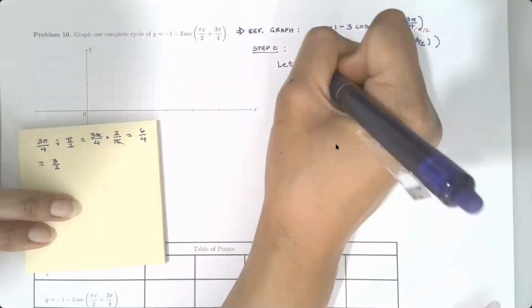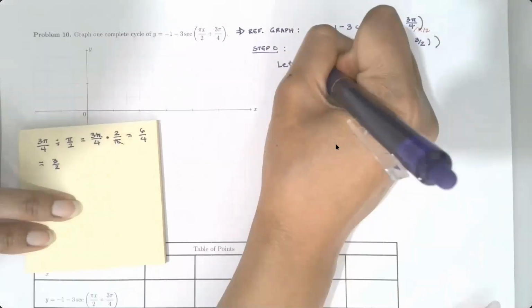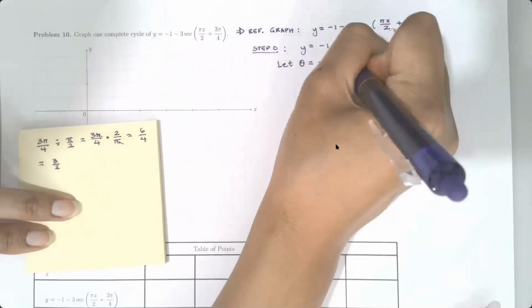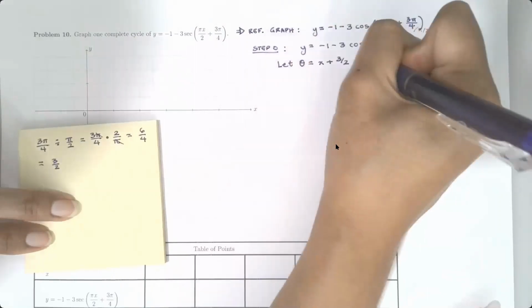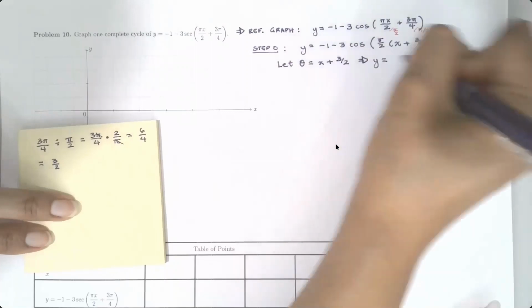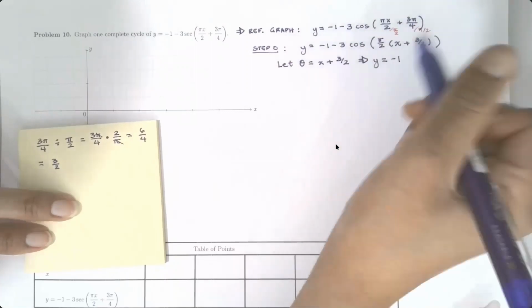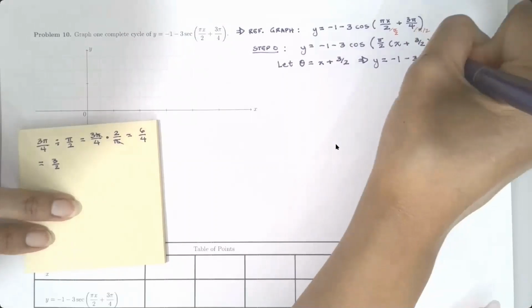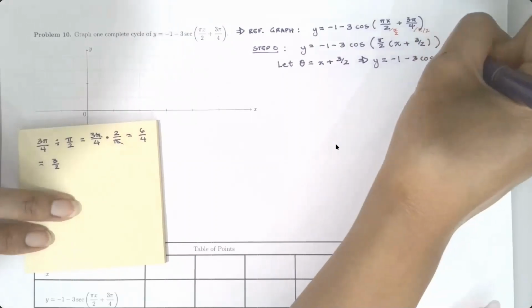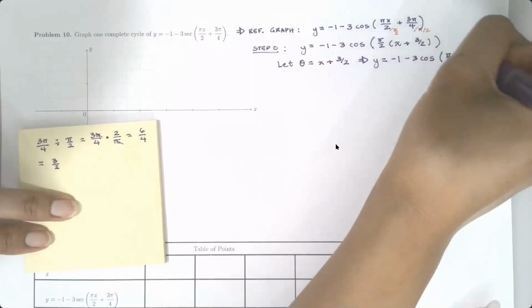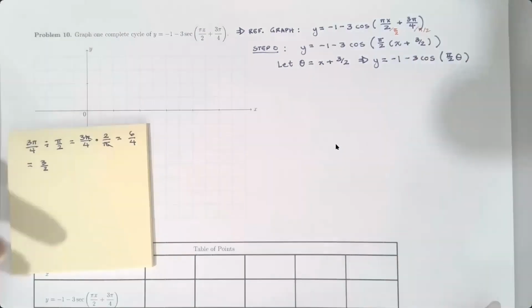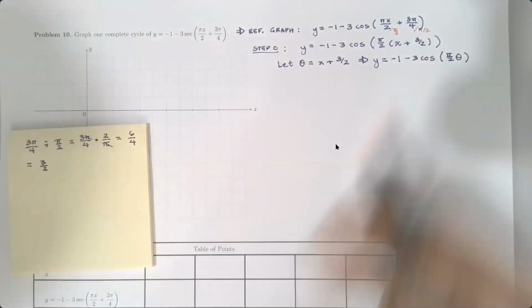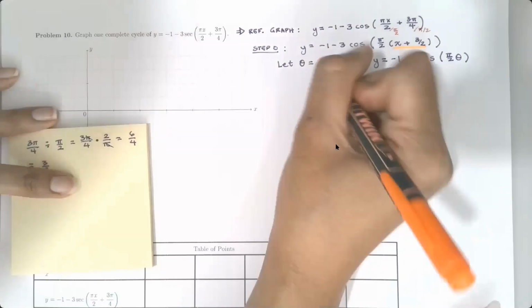Let theta be x plus 3 over 2. That gives us a new, more simplified equation: y equals negative 1 minus 3 times cosine of pi over 2 times theta. Because what we did here was take this x plus 3 over 2 and replace it with theta.